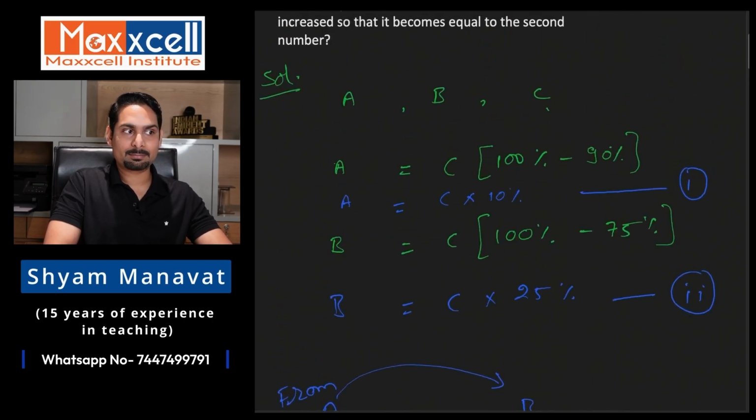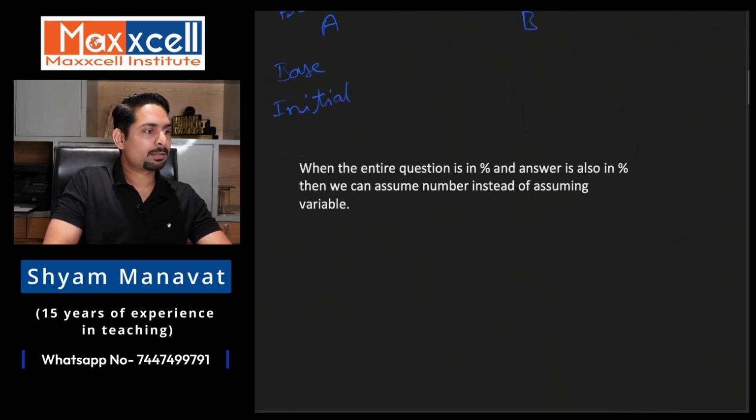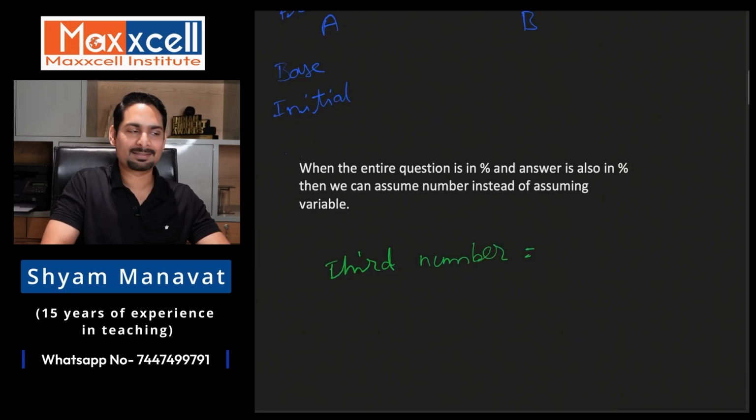The first and second numbers are compared with the third number, so the third number is the base value. We have already understood that. So I will assume the third number as 100.